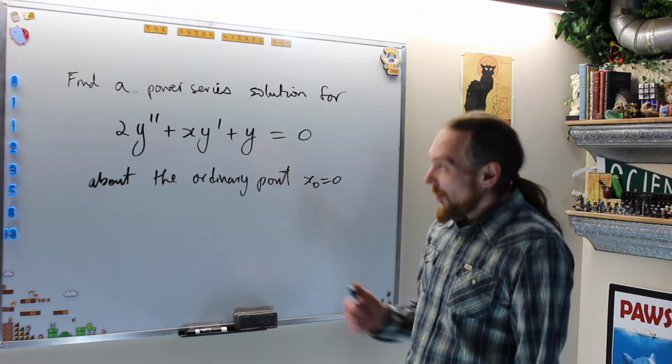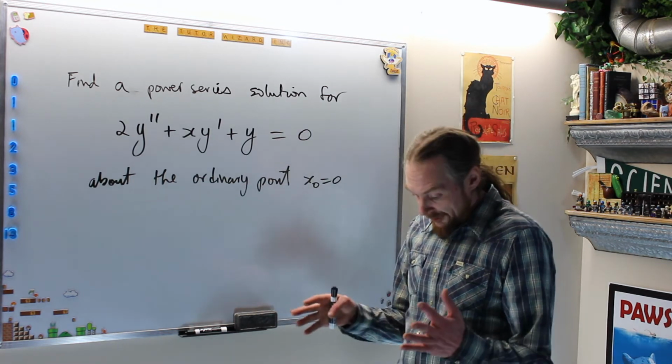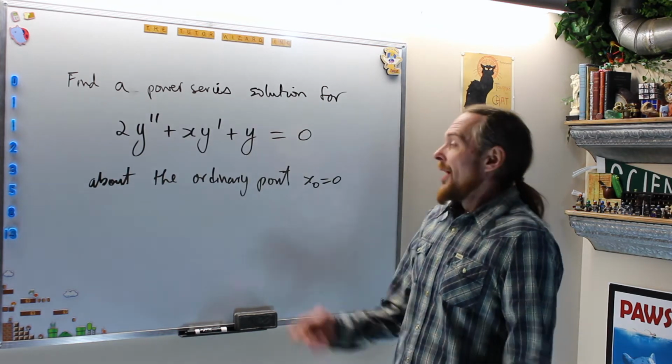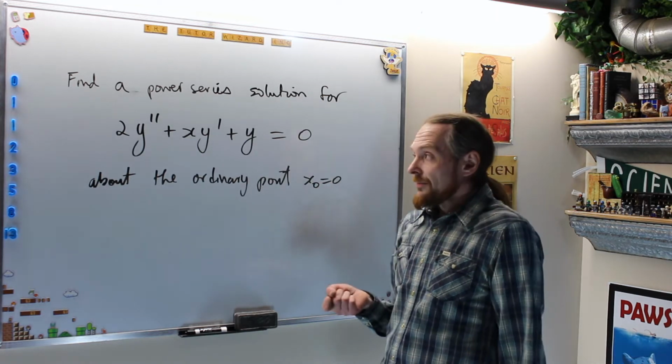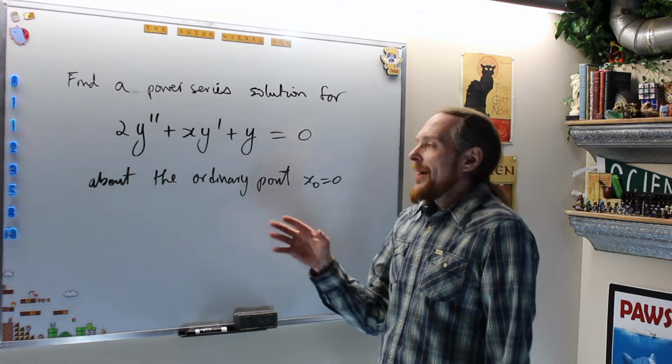So what we're going to do this time is, this one's going to take quite some time and it's got quite a few moves in it, but we're going to try and find the power series solution to this about the ordinary point, or the Maclaurin series centered at x naught equals 0. So you do the pre-prep for this.